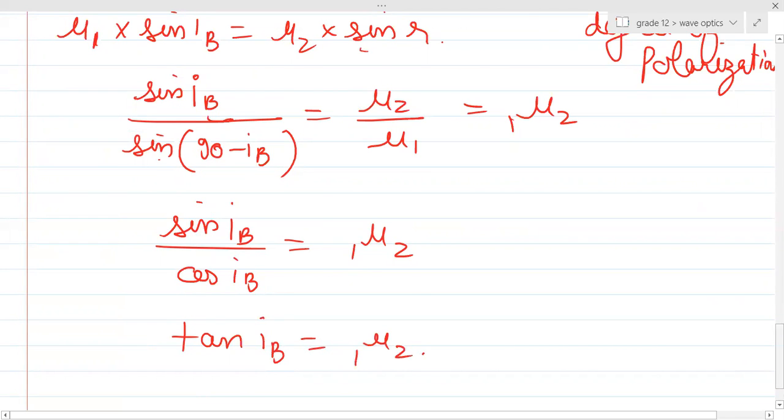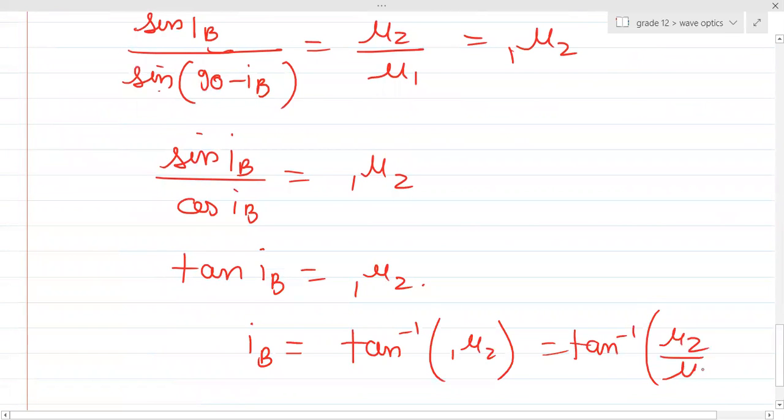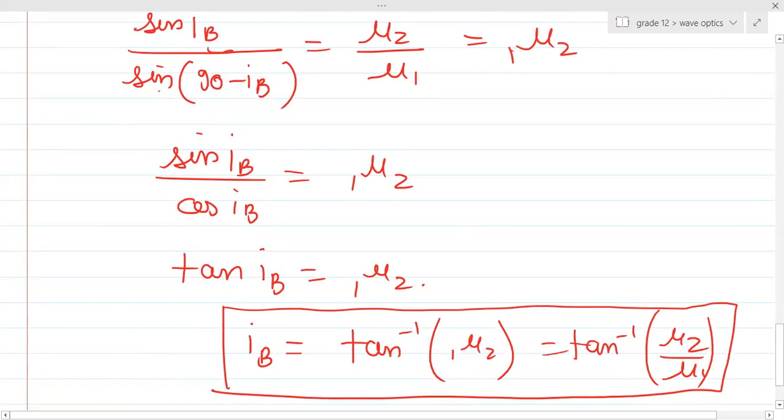Tan. So you can find IB using tan inverse of mu2 by mu1. This is how you calculate your polarizing angle for any medium. Is it clear?